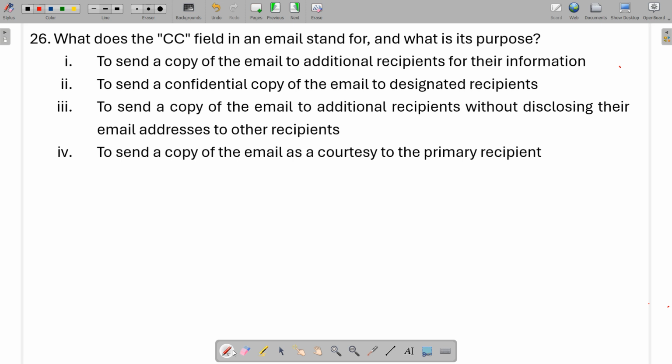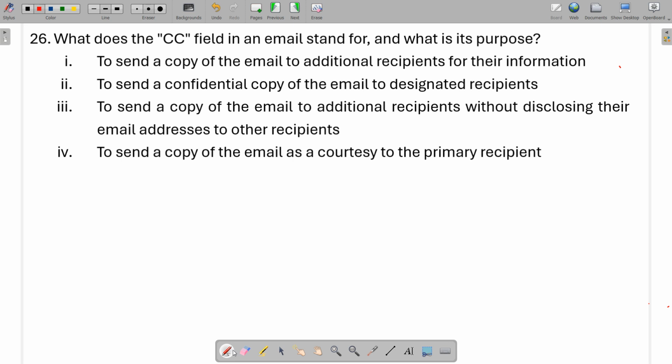Question number 26, what does the CC field in an email stand for and what is its purpose? So the CC position is generally used to inform a particular person that the main recipient has received this kind of email, right?